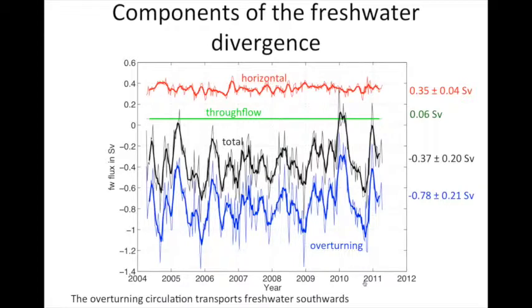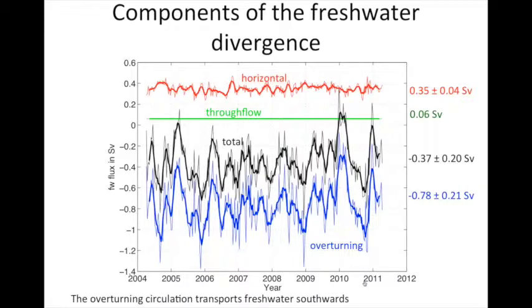The overturning flux is the largest component, and it's the largest magnitude. It also has the largest variability, and it looks very much like the total. So this overturning flux is associated with more saline surface water going north and fresher water coming southwards. That's the northward salinity flux and the southward freshwater flux. So the overturning circulation transports freshwater southwards.